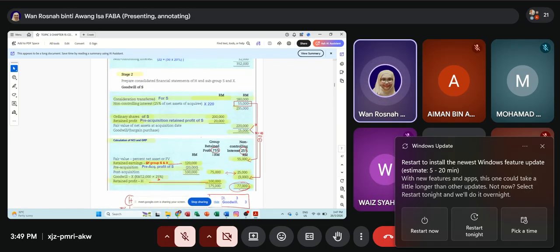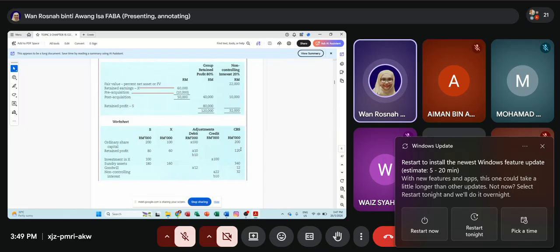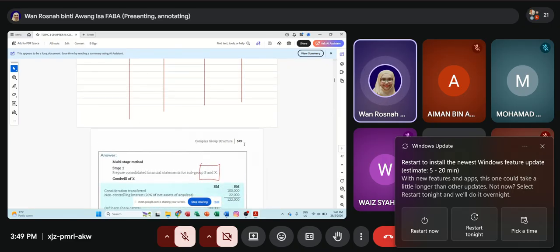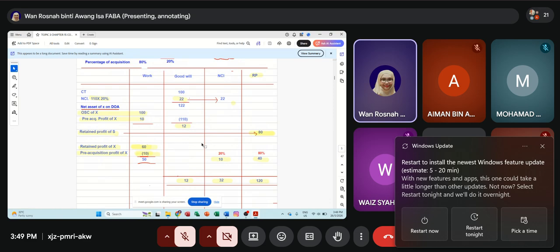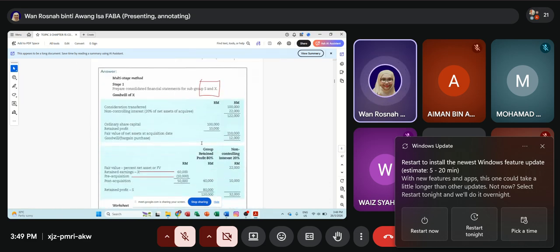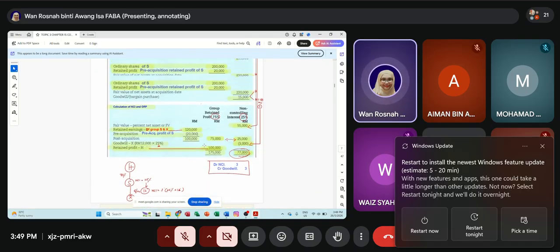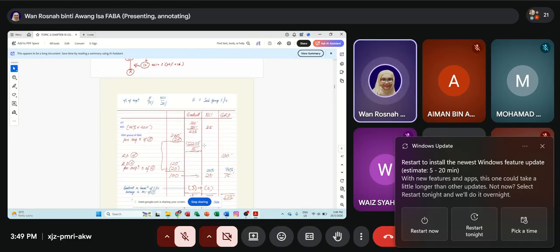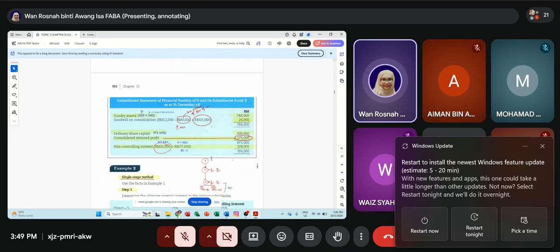So what you obviously detect here is on the goodwill. Goodwill we usually don't touch. Say the goodwill here we get 12, the goodwill at the parent, and the adjustment here we get 15. Basically you could just combine 15 plus 12 and then prepare the consolidated financial statement.